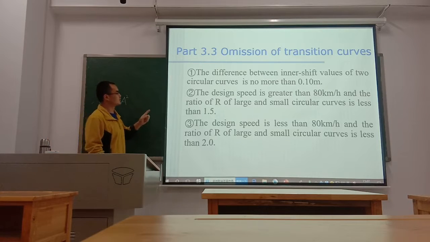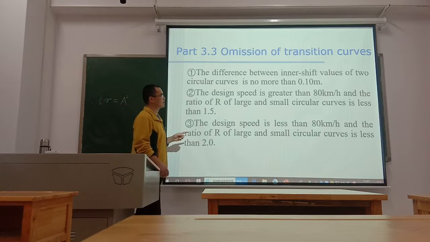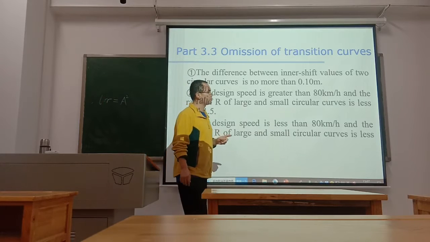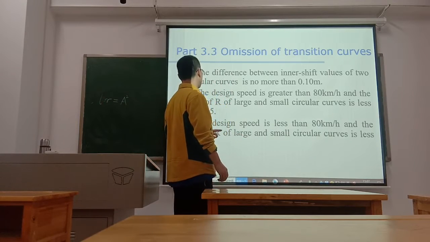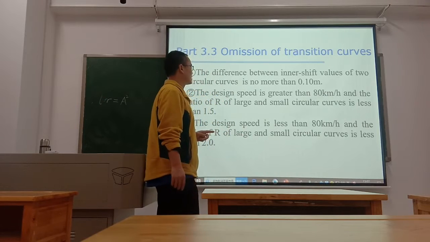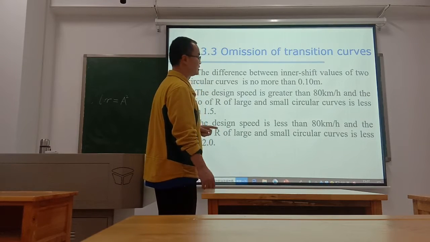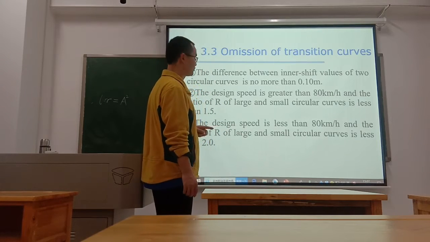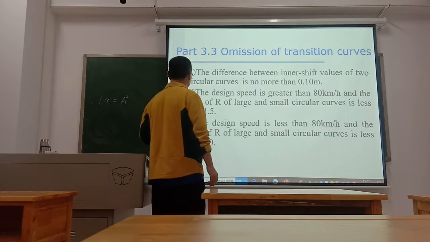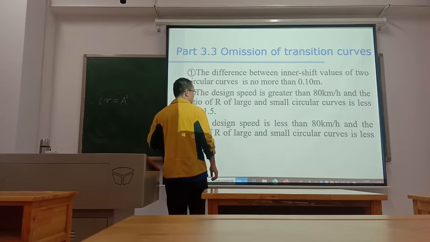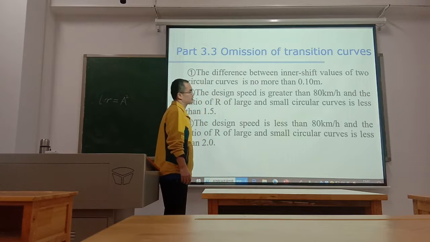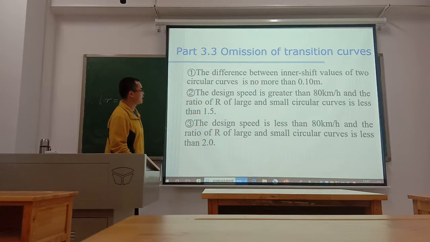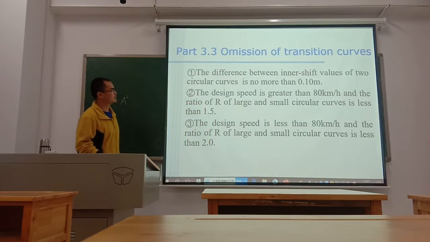Two, the design speed is greater than 80 kilometers per hour, and the ratio of R of the larger and smaller circular curves is less than 1.5. Three, the design speed is less than 80 kilometers per hour, and the ratio of R of the larger and smaller circular curves is less than 2.